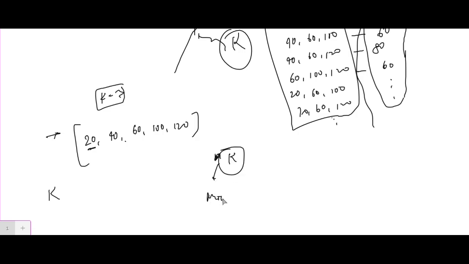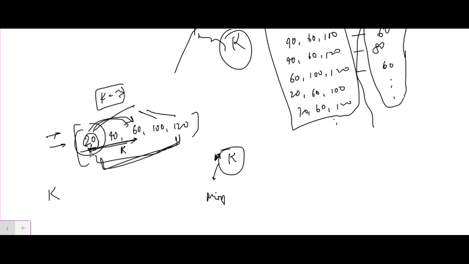We cannot take 20, 100, and 120, because that difference will always be greater than the difference between the closest k elements. In a sorted array, the minimum difference is achieved by the closest k elements.